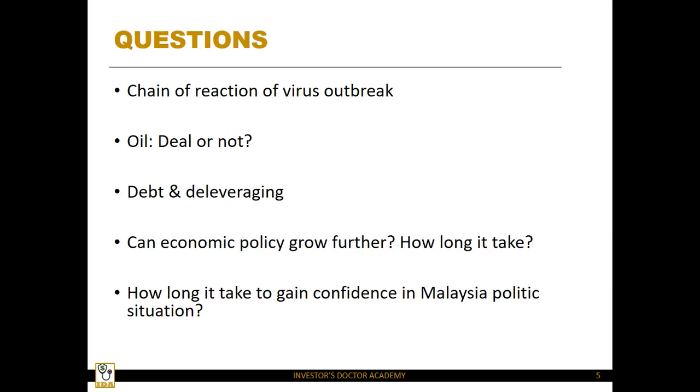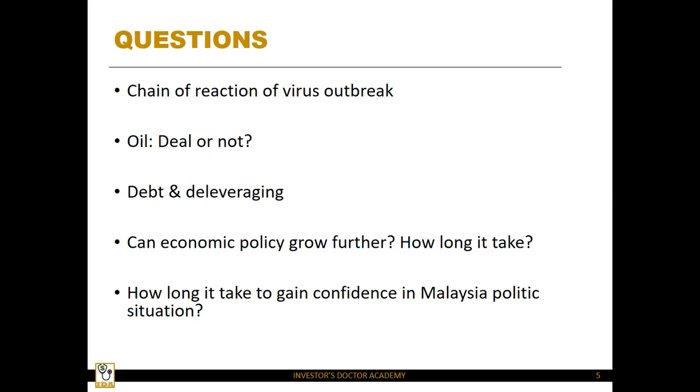So this is how it affects the whole economy, the chain of reaction the virus can bring. Whether the oil can be dealt with or not is still a question, so we have to continue to look for the news. Deleveraging comes directly from the chain of reaction of the virus.